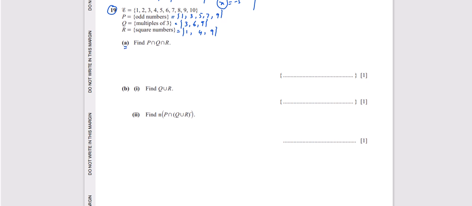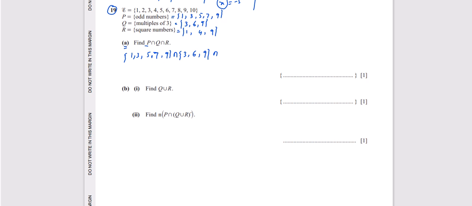A. Find P intersection Q intersection R. First is P. The set of P is 1, 3, 5, 7 and 9. Intersection Q. The set of Q is 3, 6 and 9.